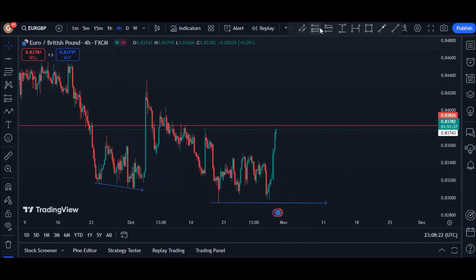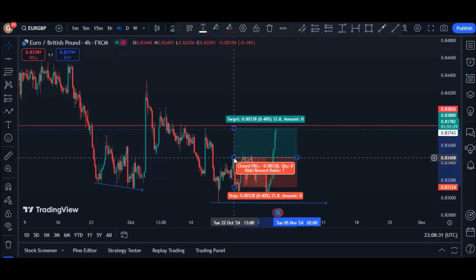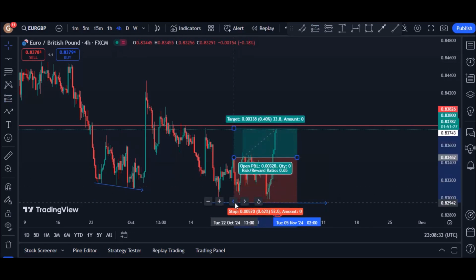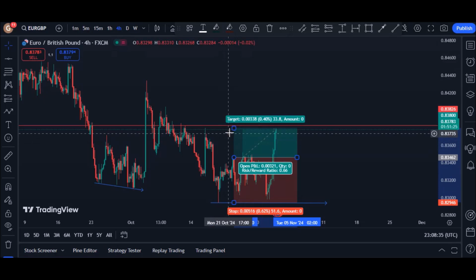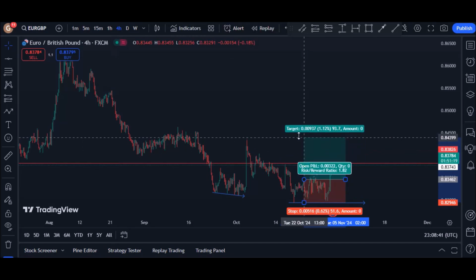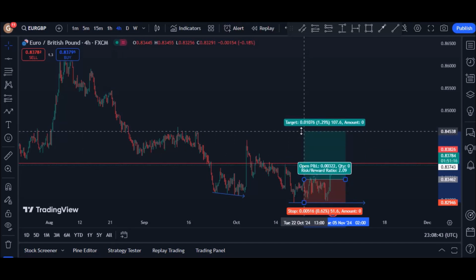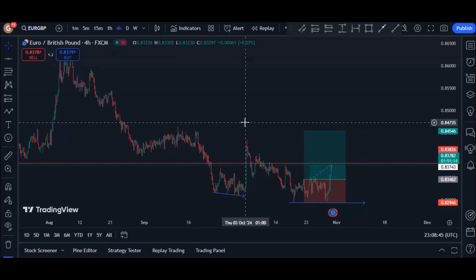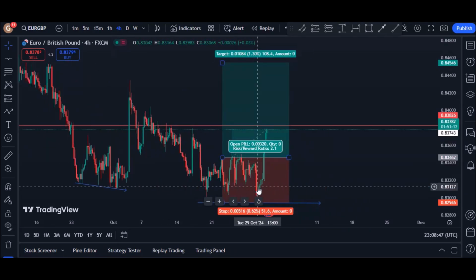So I placed my entry right here, and then I put my stop loss on this low, and I'm aiming for 1:2, but I expect price to move higher than this.